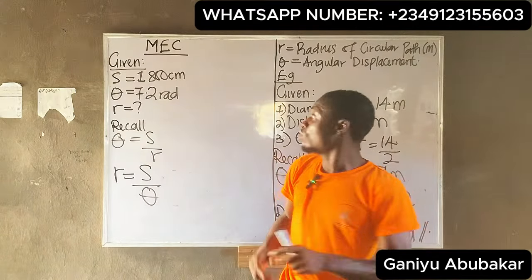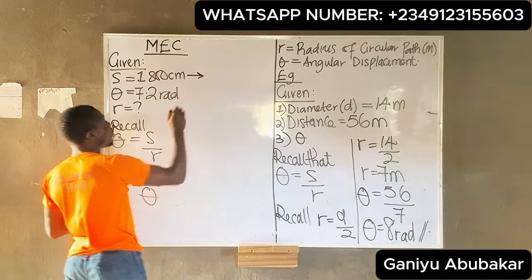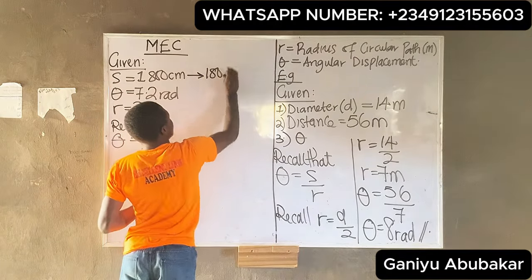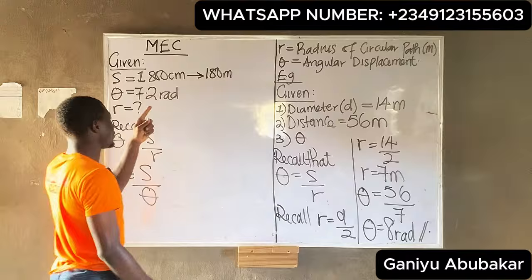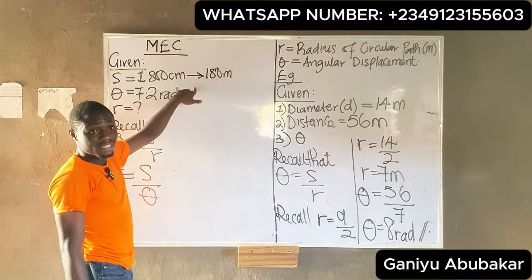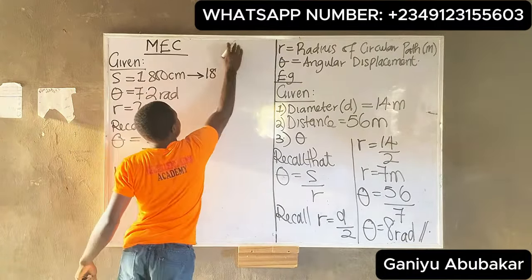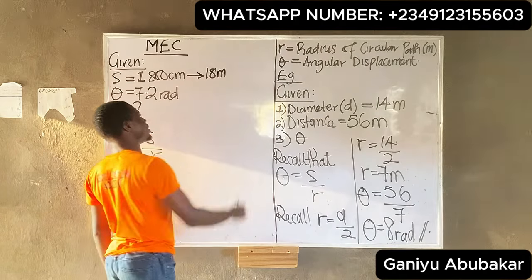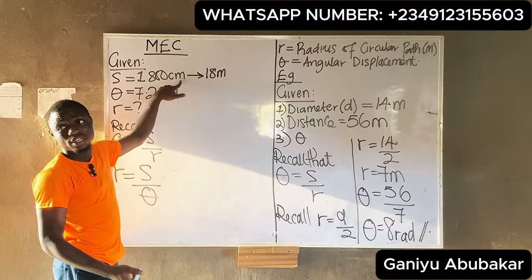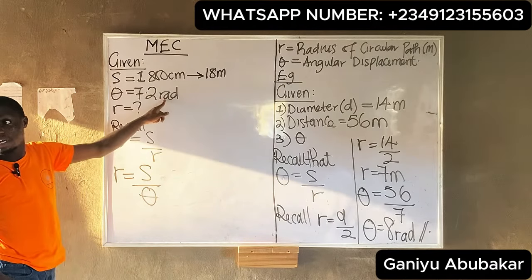That's why I give you all these things. 1,800 cm to meters, you divide by 100, so it's 18 meters. Theta is in radians, so it's correct.